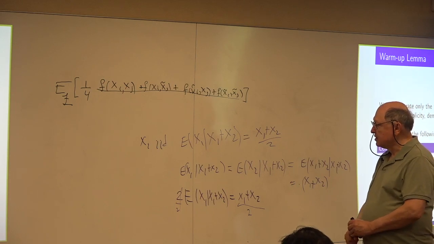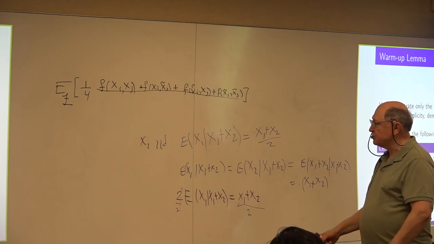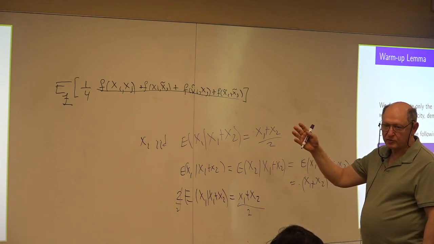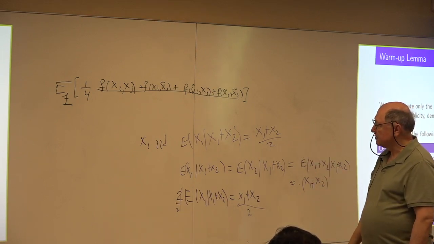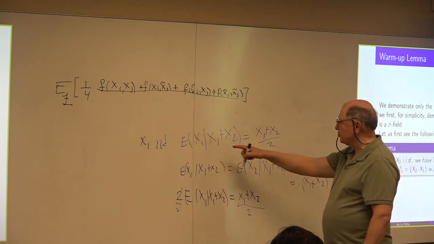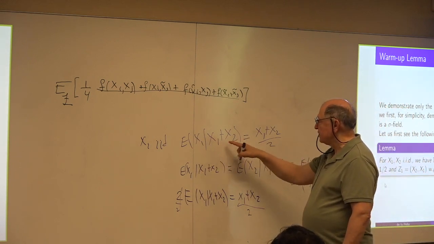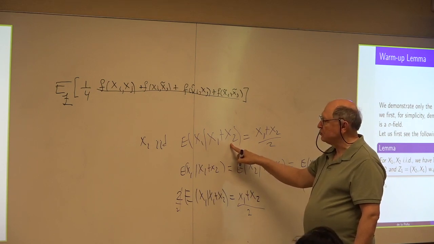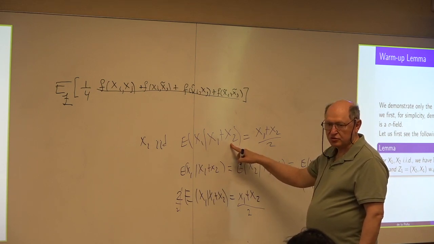Now, there is an extension of this to the bivariate case, of 2 variables. You see, I could have called this x1 tilde, and so I'm going to use that notation.